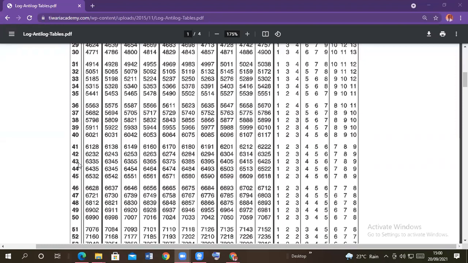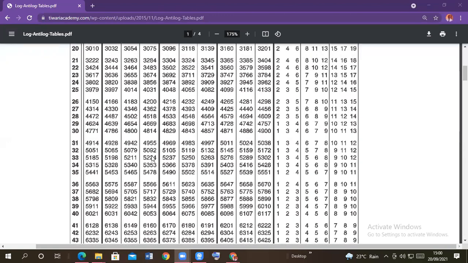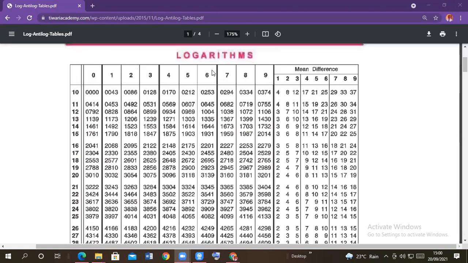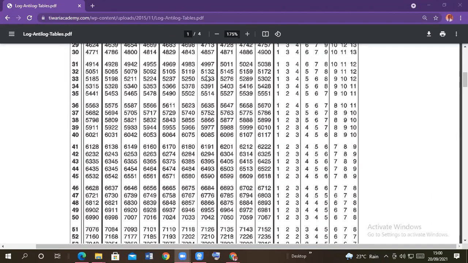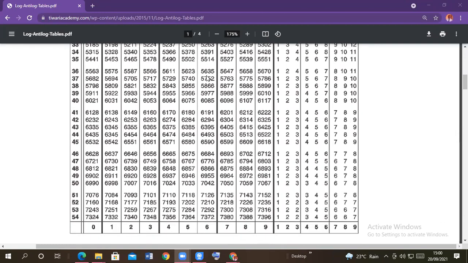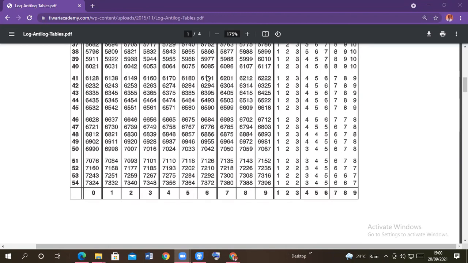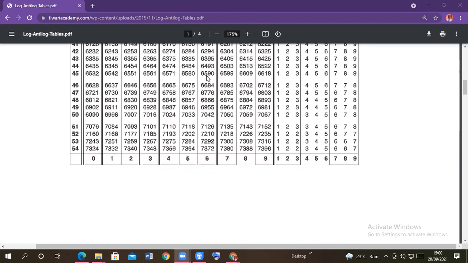This is where 43 is. Then you look for 6, the column of 6. The column of 6 is this one here. So let me put my cursor there. Whenever I'm sloping down, I'm still in the column of 6. But I want to get 43 first. Where is 43? 43 is there, here.